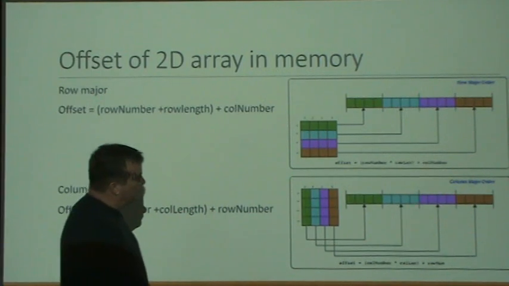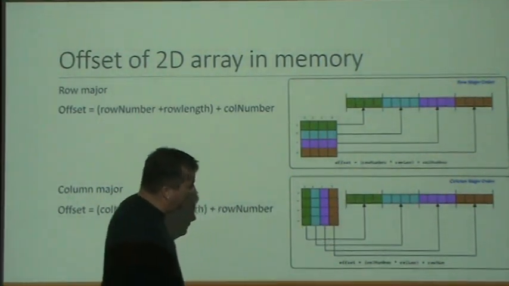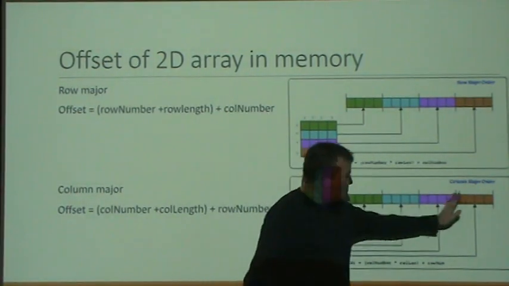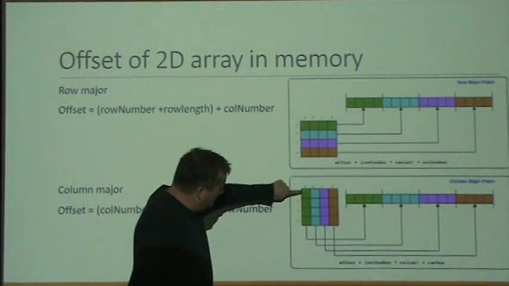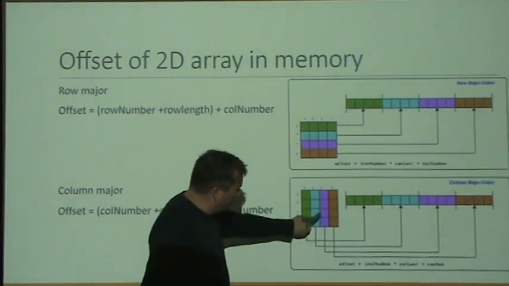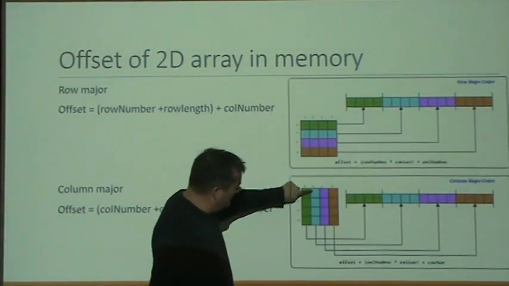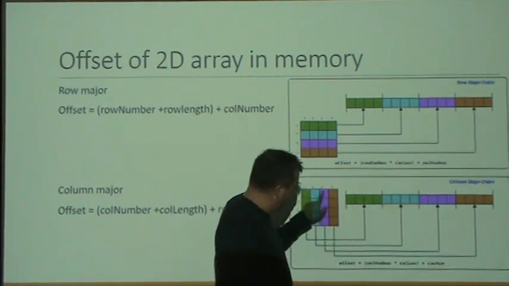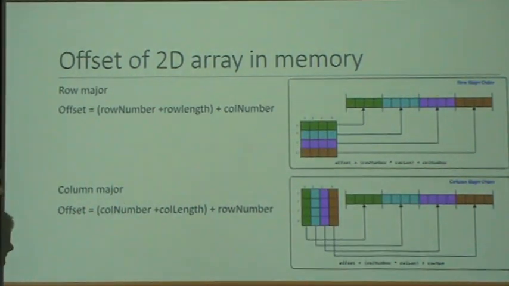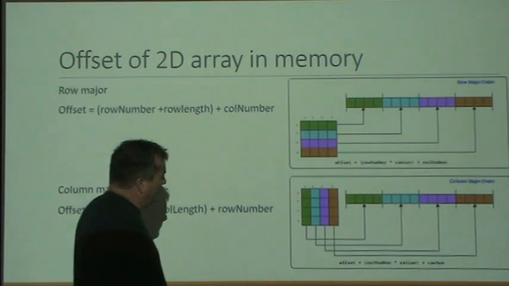And also, just for completeness, we'll also talk about the column major way. If we wanted to use column major assignment of a two-dimensional array to a linear field, then the green elements in this column would show up first in my storage, then these blue ones, then the magenta, and then the brownish ones would show up last. So how would I calculate that?